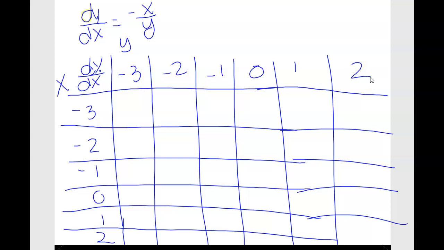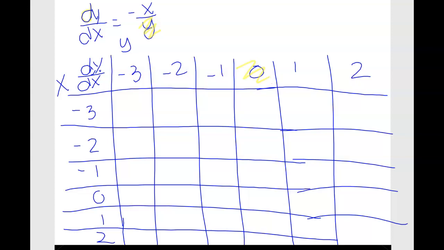This table is going to represent the slopes of the slope field numbers you're going to plug in. So think really easy to start. Anytime y is 0, what do you know about the slope? What do you know when you divide a number by 0? The slope is undefined.